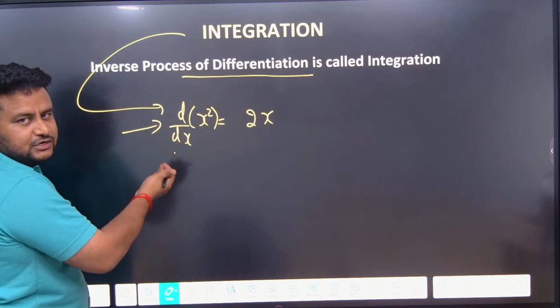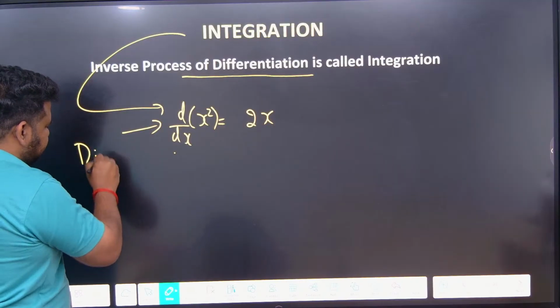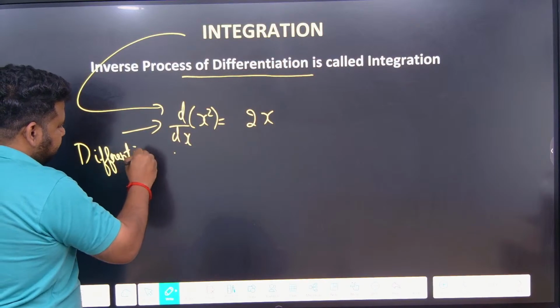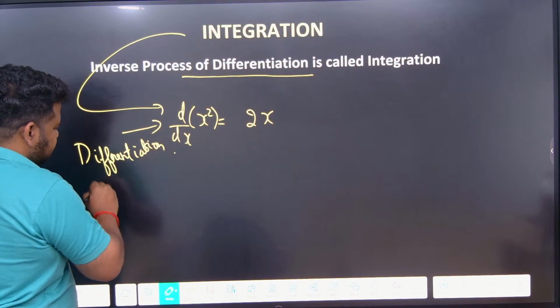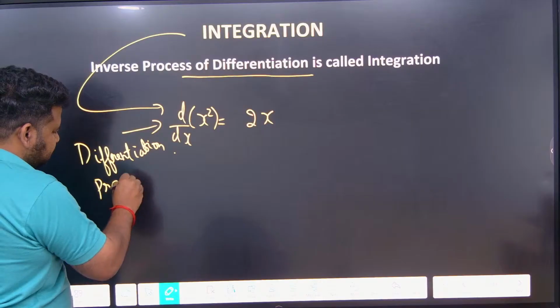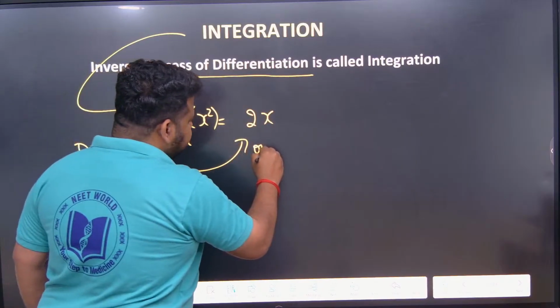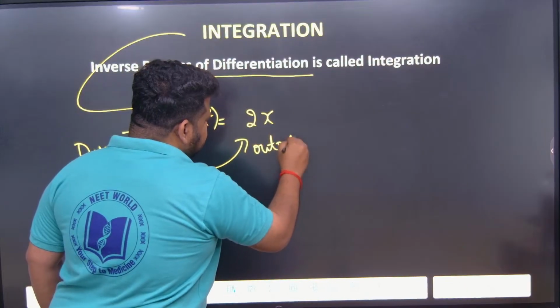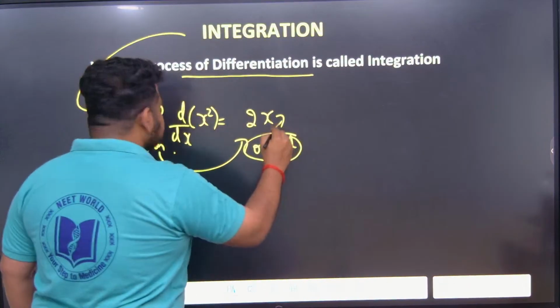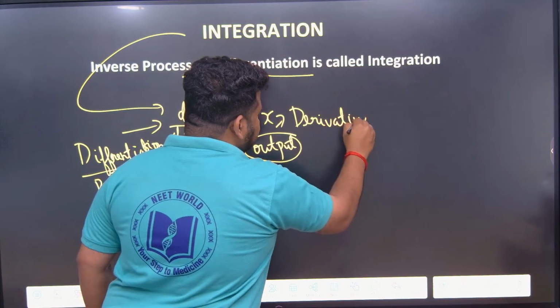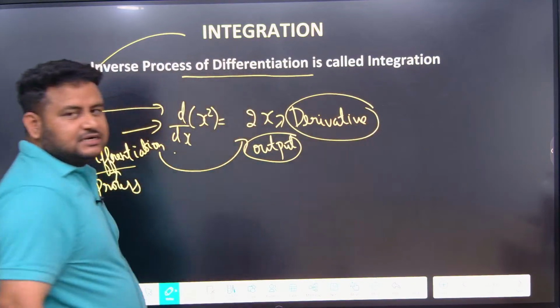What is the process we are doing here? That is differentiation. And the output we are getting, the answer, is called the derivative.